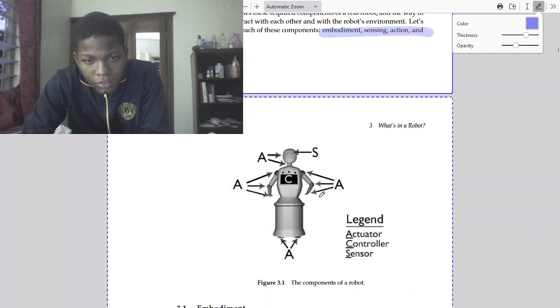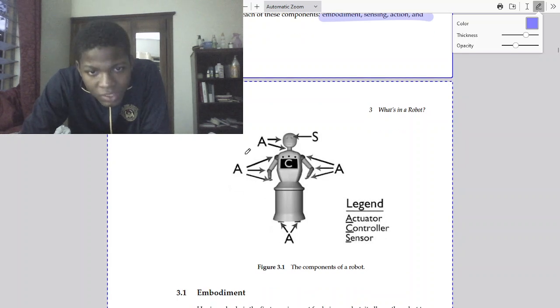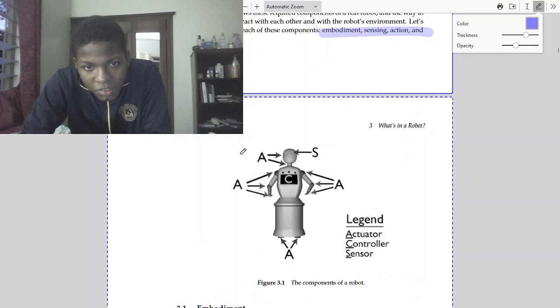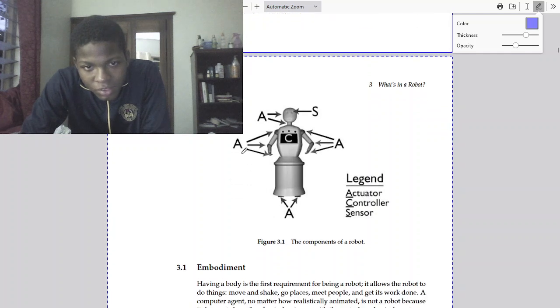The controller is like this main body right here, because I'm assuming that's where the computer is held, and the sensor is the eyes that it points to. I think those are eyes, because those are like cameras, so we'd probably use that to sense the environment. Oh, and a neck actuator too, because it might be turning its head and stuff.